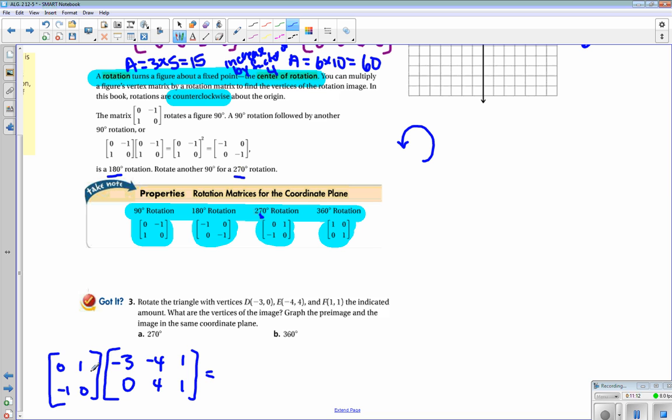This is a 2 by 2, and this is a 2 by 3, so I should get out a 2 by 3.